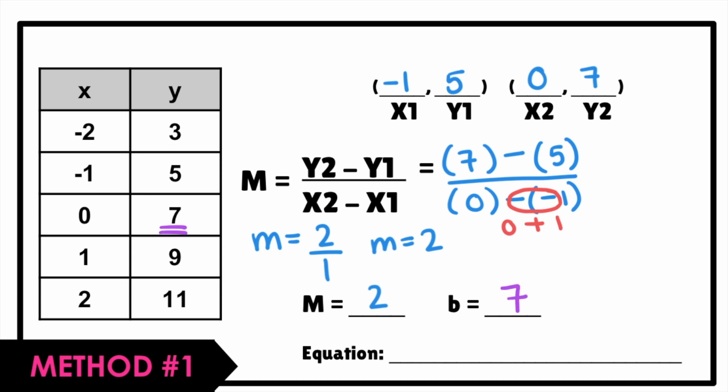And in this case, it's 7. So when we put our equation together, we have to write it in slope-intercept form, or y equals mx plus b form. So our equation is y equals our slope, 2, times x, plus our y-intercept, which is positive 7.